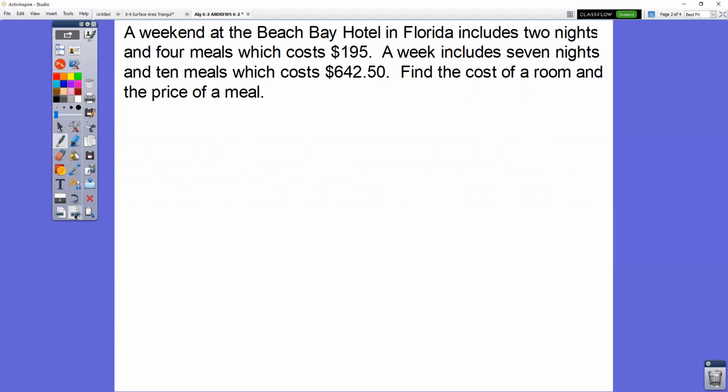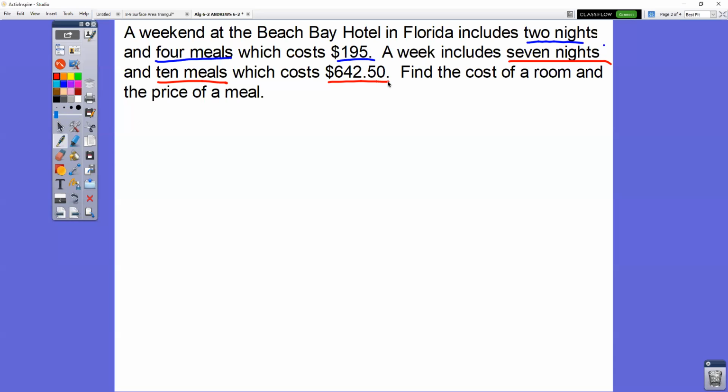It says a week at the Beach Bay Hotel in Florida includes 2 nights and 4 meals, which costs $195. A week includes 7 nights and 10 meals, which costs $642.50. Find the cost of a room and the price of a meal.